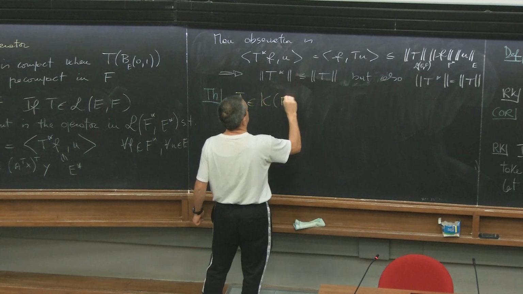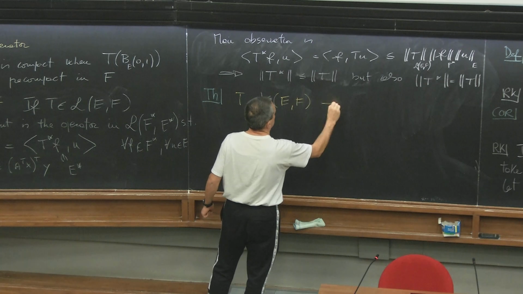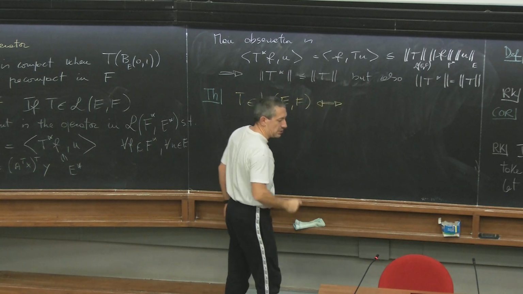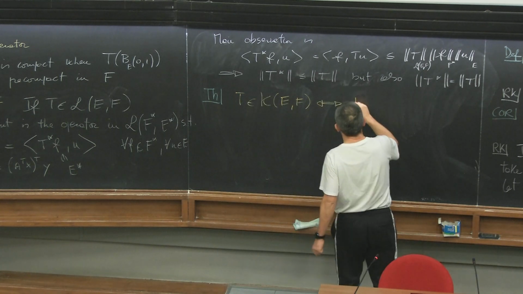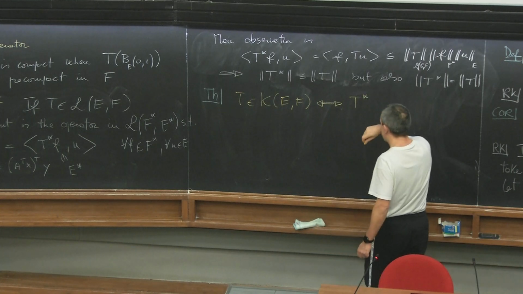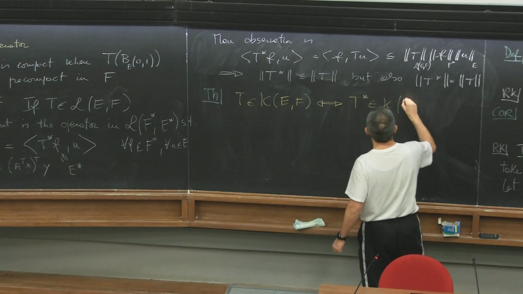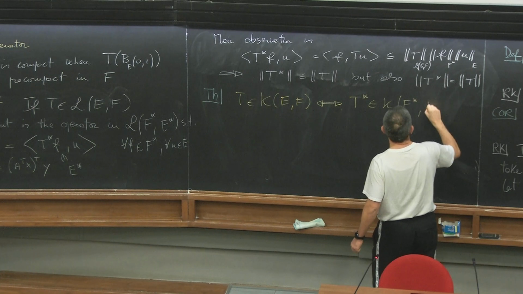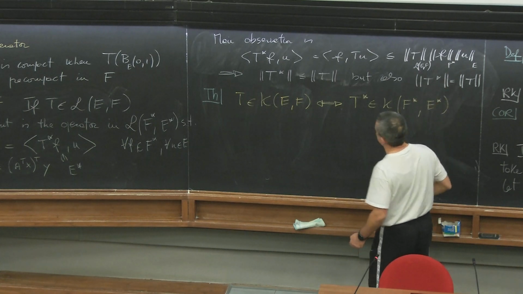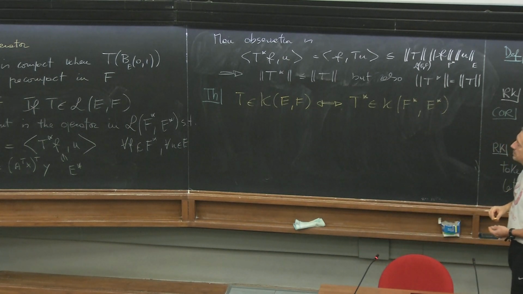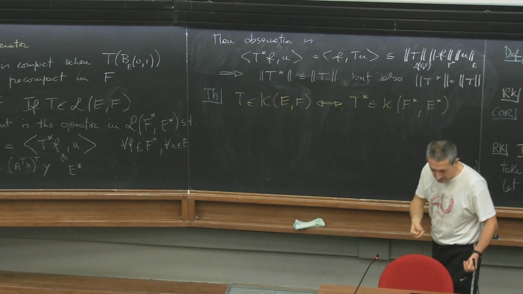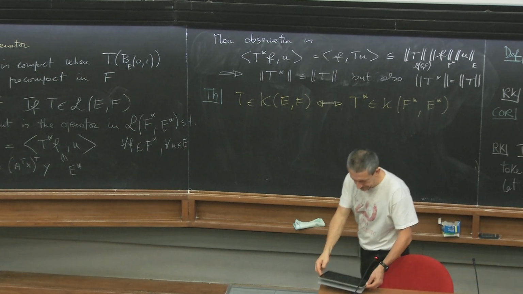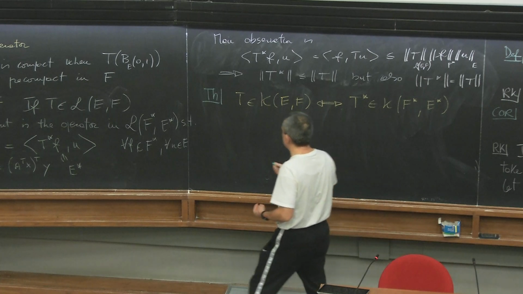So suppose T is compact; then the adjoint is compact. Let's see the proof.